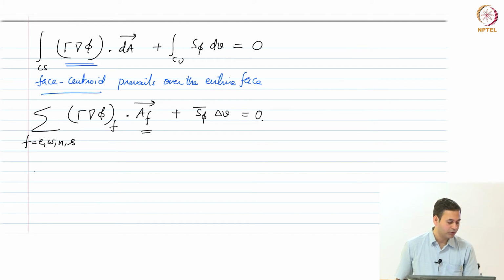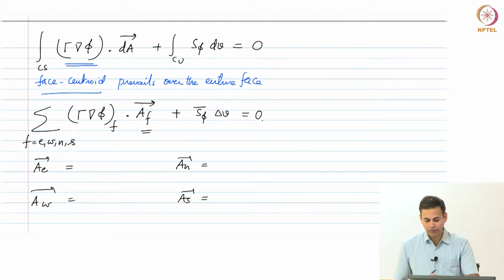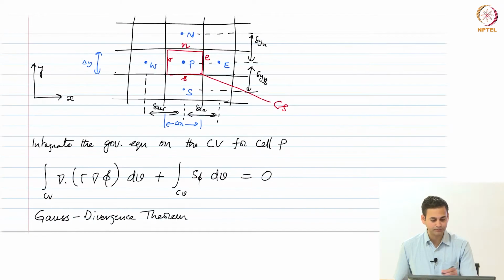So, what will be the vectors A east, A west, A north and A south? If I go back, what will be the vector A east bar? We assume that all the area vectors point outside, out of the cell. So, what will be A E bar? It would be in the i direction, which is the pointing direction.